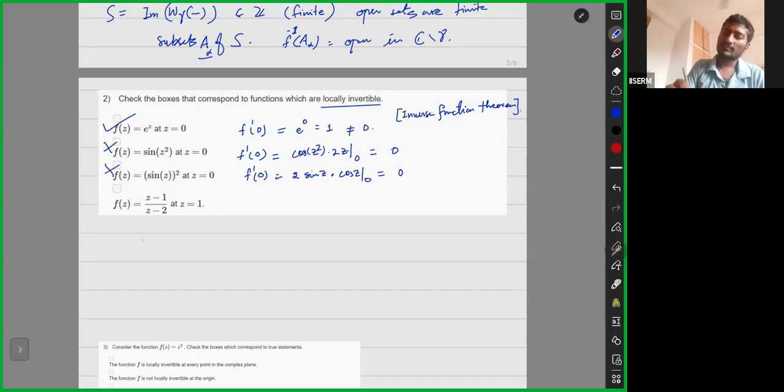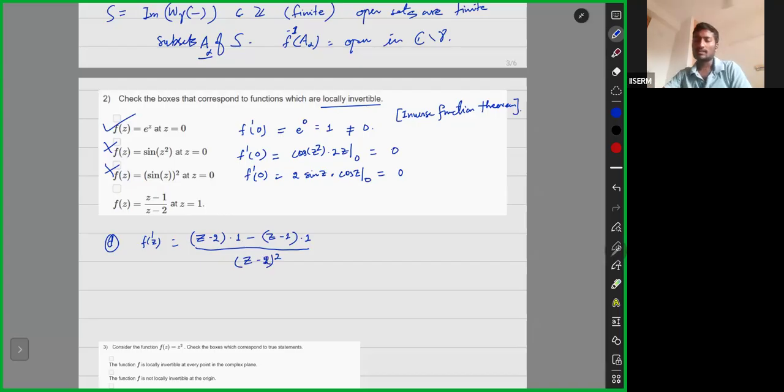Now, in the very same way, what about the fourth option, D? F prime at z is what? (z minus 2) into 1 minus (z minus 1) into 1, divided by (z minus 2) whole square. So what is in the numerator? z minus z is 0, minus 2 plus 1, it is minus 1, divided by (z minus 2) whole square.